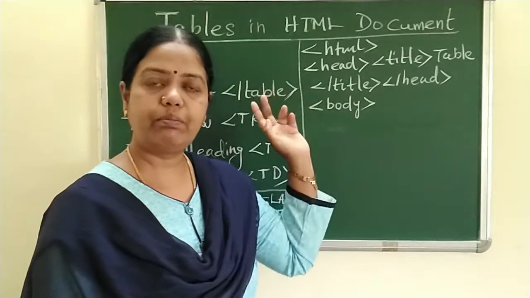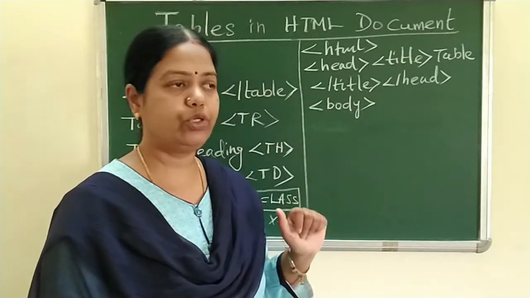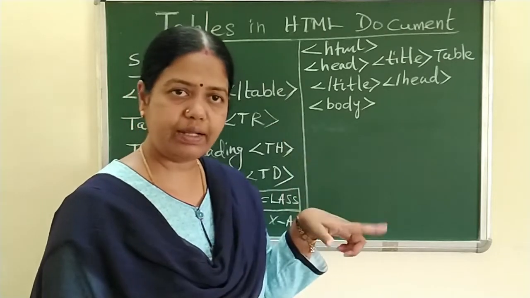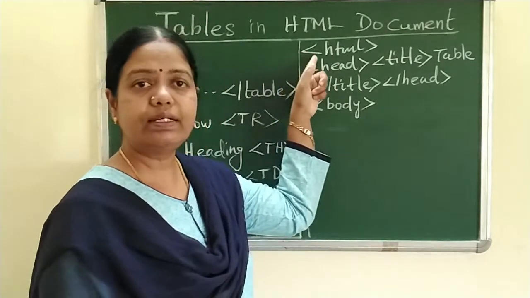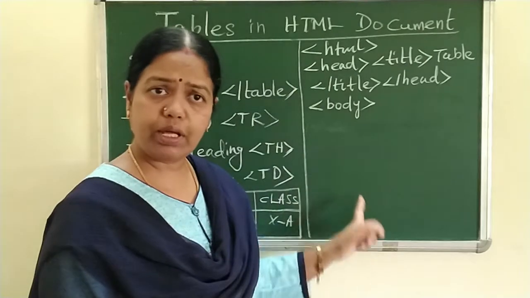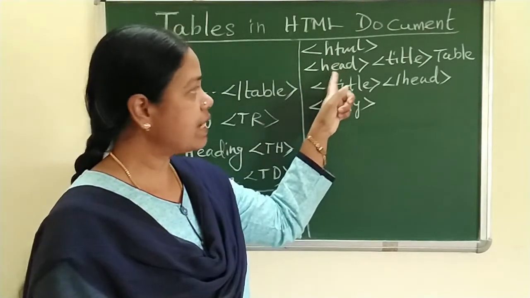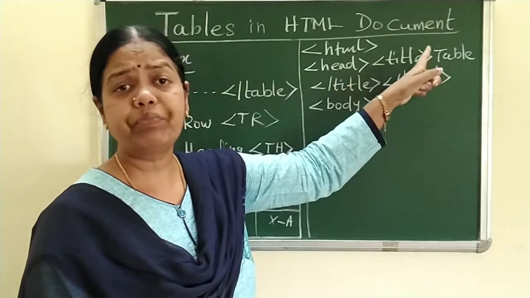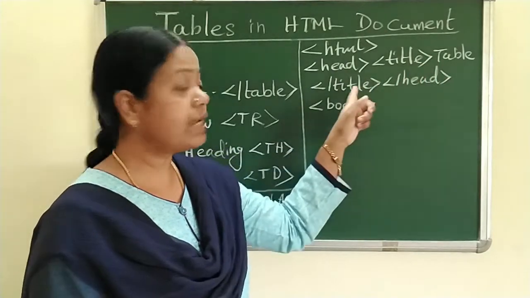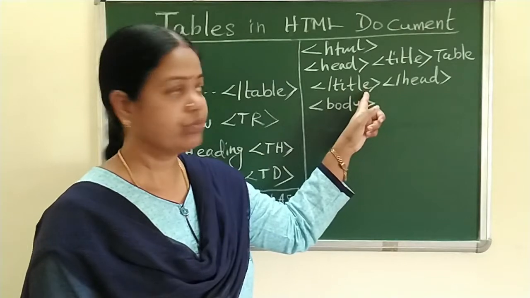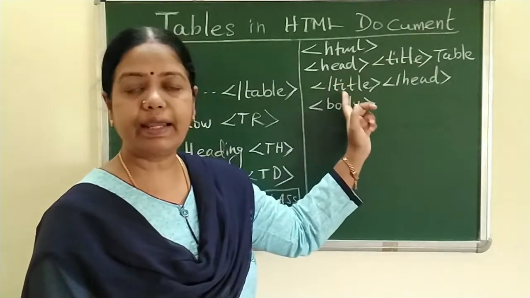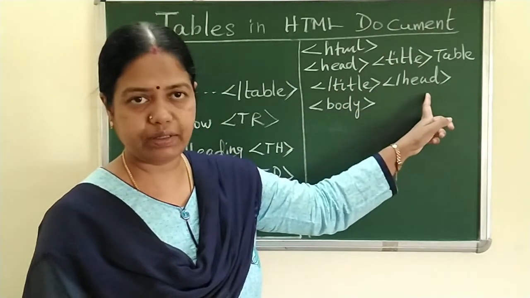As usual, for writing your HTML program, you have to start by opening your notepad and writing the HTML structure of the program. HTML tag, head tag. Inside the head tag, you have to write the title and provide the title to your web page. After that, close the title tag and head tag.